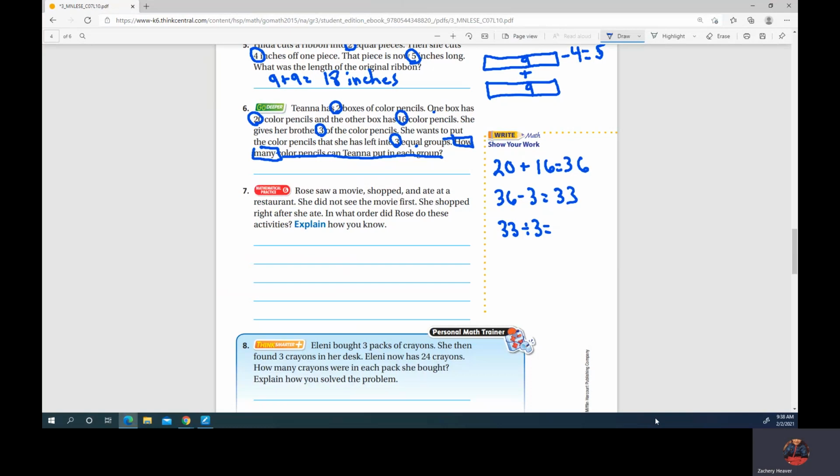So 33 divided by 3 is going to be 11. I want to see all these equations, guys. So it's going to be 11 colored pencils.